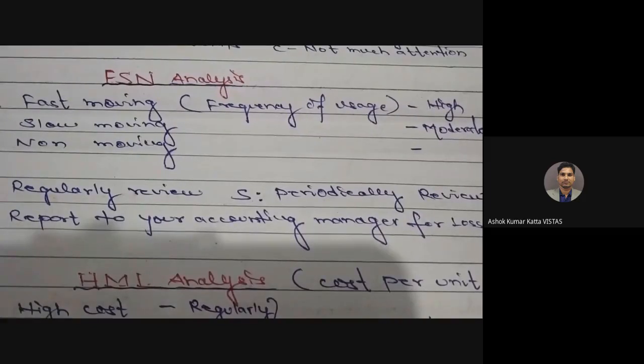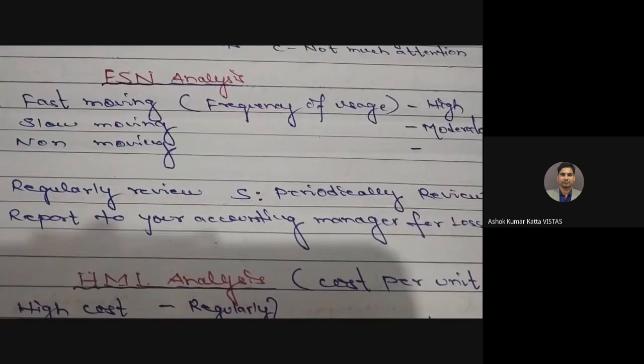FSN, the full form, as you know, is fast moving, slow moving, and non moving. This inventory control technique is used on the basis of frequency of usage or turnover. Frequency of usage means which raw material or which spare parts or components you are using much.